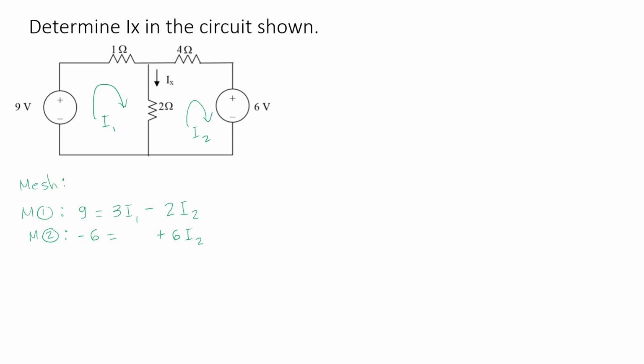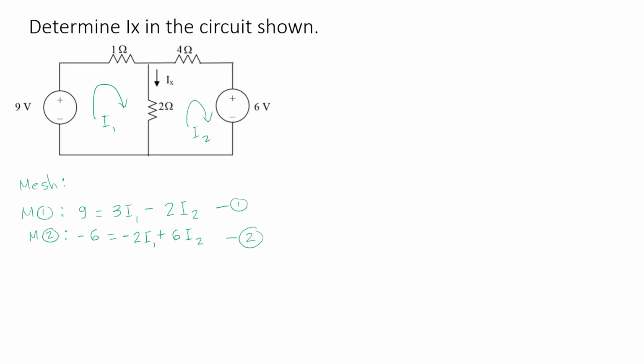Then we have 6I2. Since there is a common resistance between meshes 1 and 2, we subtract the product of the common resistance and the mesh current in the adjacent mesh. So there, we now have two equations, equations 1 and 2.